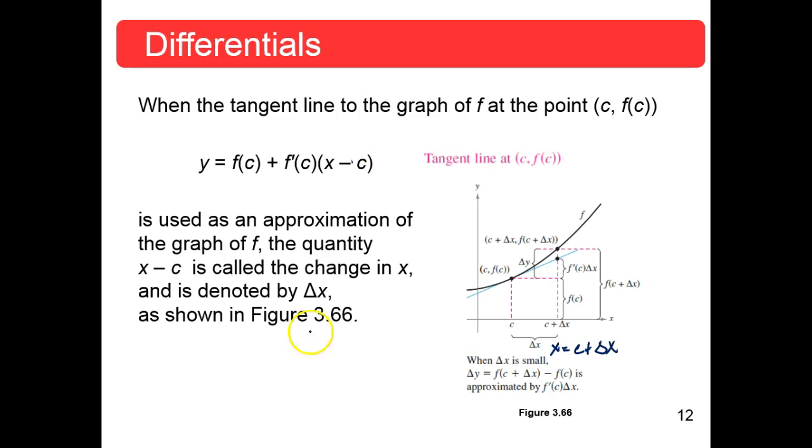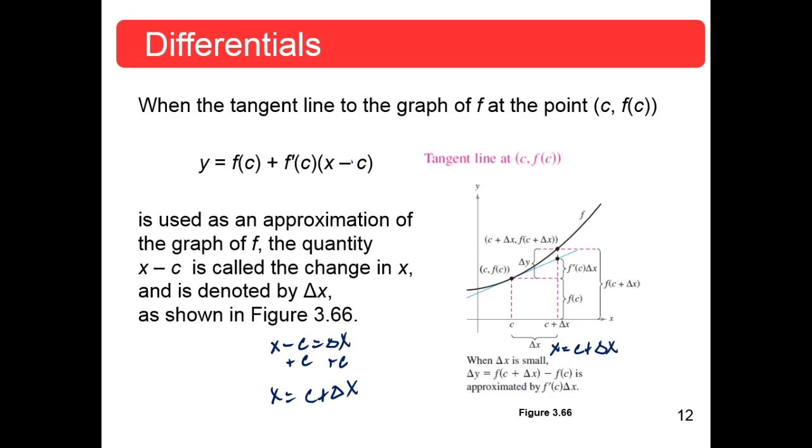Okay, and that came from the fact that x minus c was equal to delta x. So if you add c to both sides, you get x equal c plus delta x. So that's how this became your x. Okay? Now, that's what they've shown so far.